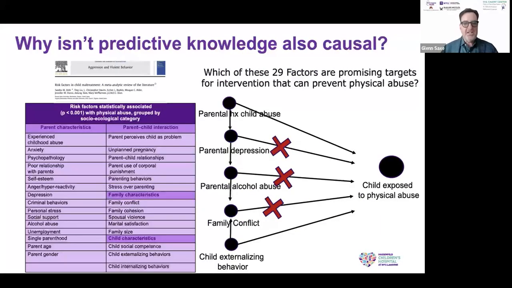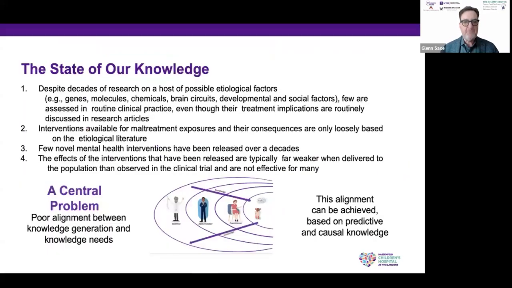And I showed you an example of how confounds work in observational data. I was telling you about this meta-analysis of child physical abuse and 29 factors, multiple studies, and showing how easy it is for these factors to be confounded and misguide our approach to intervention.